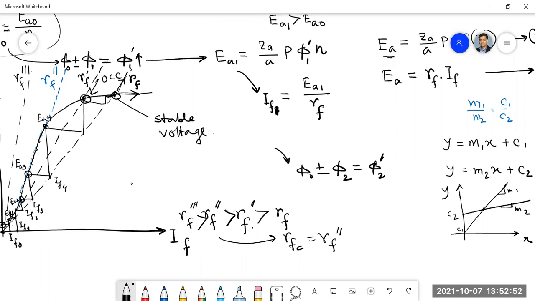Therefore, the voltage build-up will not be possible. If the field resistance of the field circuit of the generator becomes more than the critical field resistance value, then voltage buildup will not be possible.